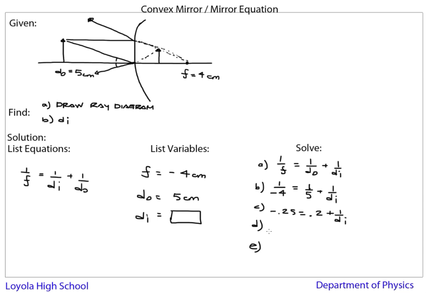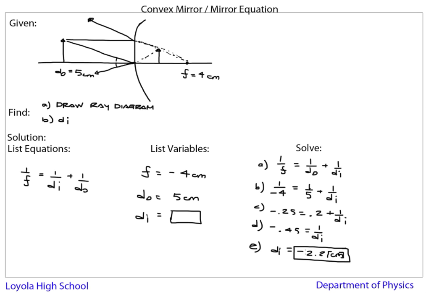Then if I bring the 0.2 over, I'm going to get negative 0.45 is equal to 1/di. But again, I don't want 1/di, I want di itself. So if I invert and multiply, negative 2.22, I believe, centimeters. And then box your answer.